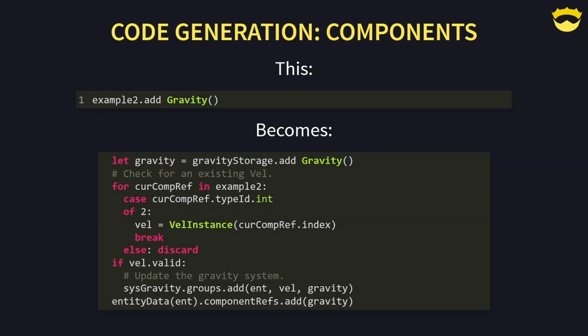With things like add and remove, however, we do have to speculate on the entity. So this becomes a little loop through the entity metadata to pull out, in this case, velocity, and make sure that if this is there, then we'll also update the gravity system. But if not, we'll just update the entity metadata, and that's the end of it.